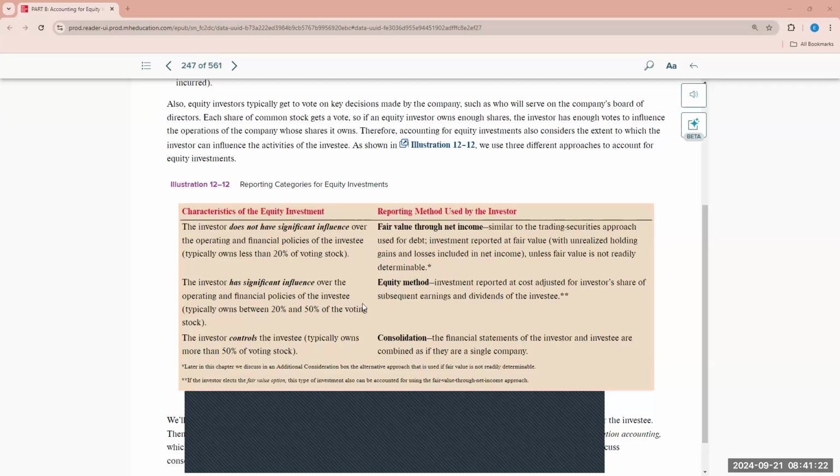The next characteristic of an equity investment is if the investor has significant influence over the operating and financial policies of the investee. This is typically between 20 and 50% of the voting stock. In such case, the reporting method used by the investor is the equity method. And this is when the investment is reported at cost adjusted for the investor's share of subsequent earnings and dividends of the investee.